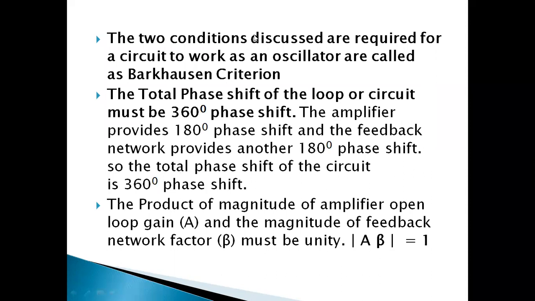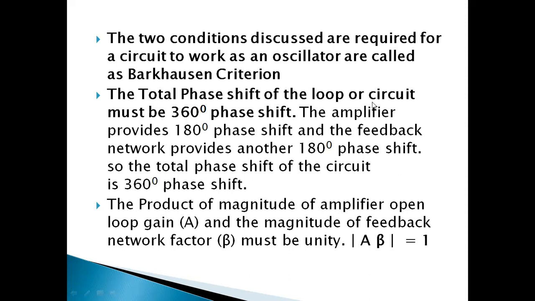The second condition is that the product of the magnitude of the amplifier open loop gain A and the magnitude of the feedback network gain beta must be unity, that is, mod A beta is equal to 1. A beta can also be called the loop gain. So these two conditions are called the Barkhausen criteria.